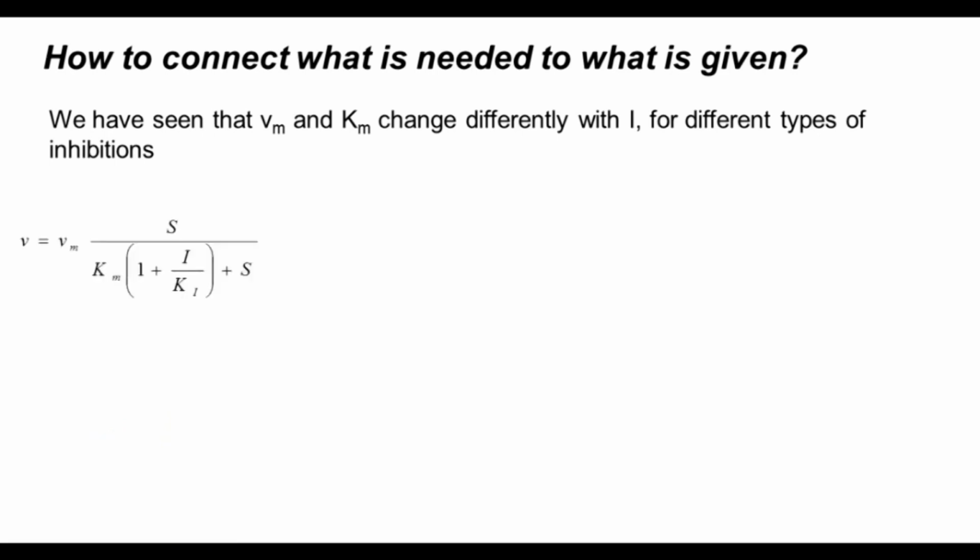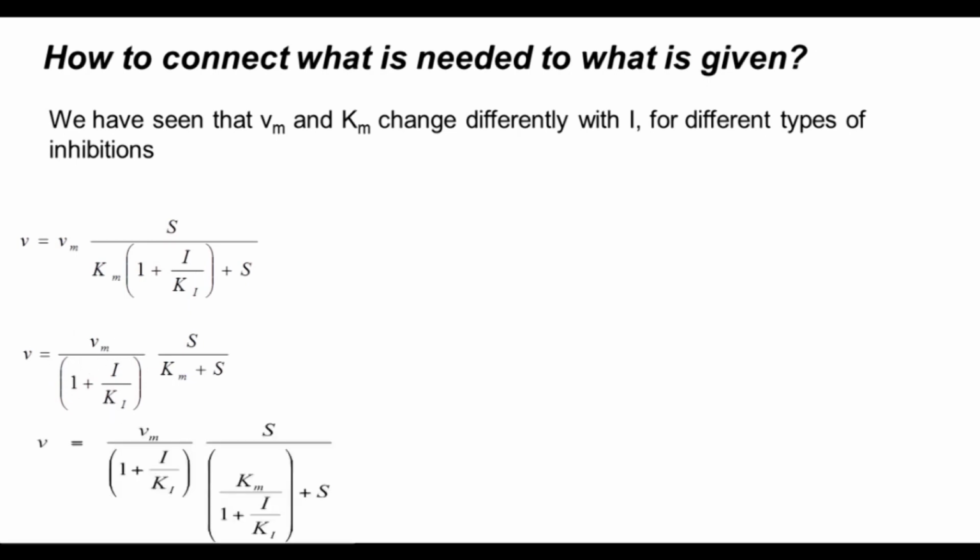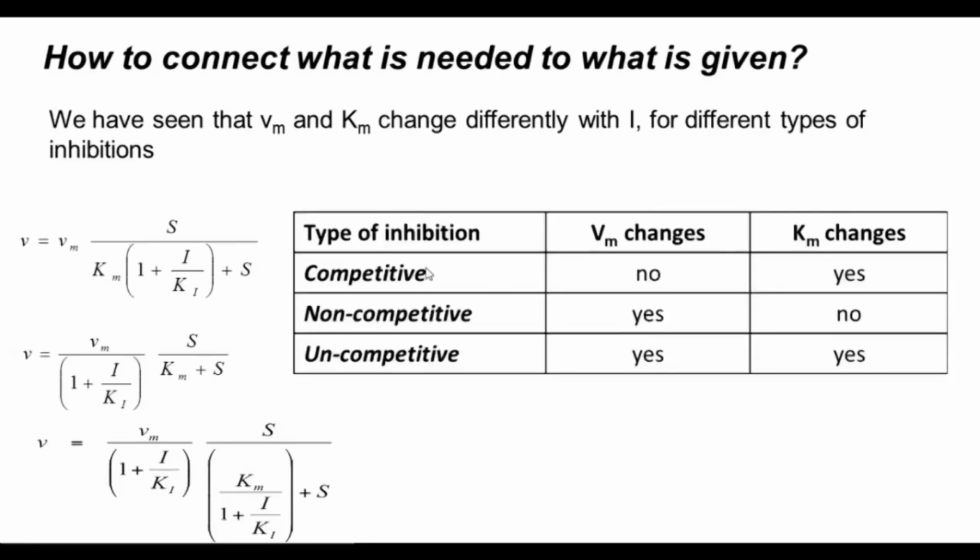For the competitive inhibition, V equals Vm S by Km into 1 plus I by Ki plus S. The Km gets modified. For the non-competitive inhibition, the Vm gets modified. And for the uncompetitive inhibition, both Vm and Km got modified in this fashion. This is a summary.